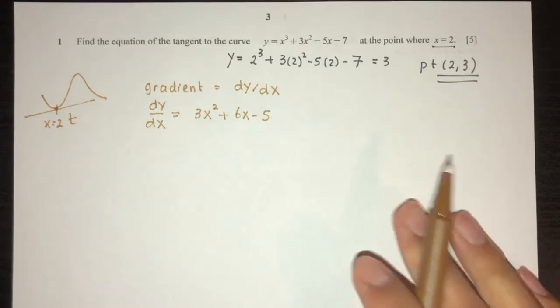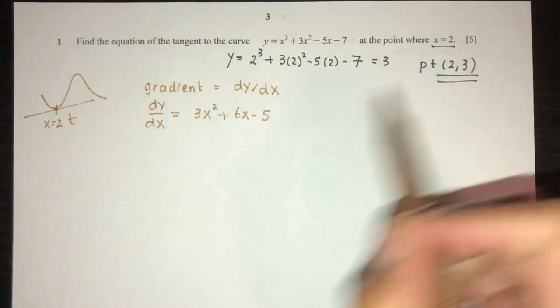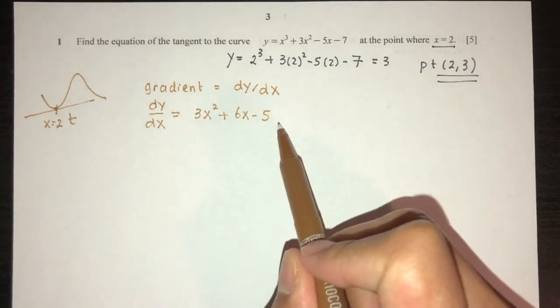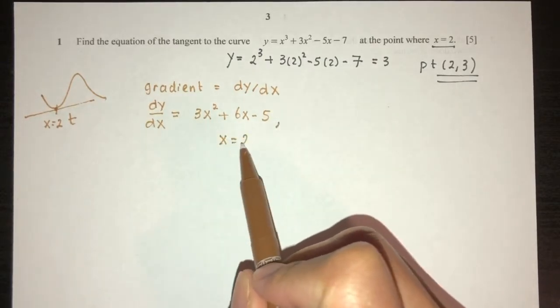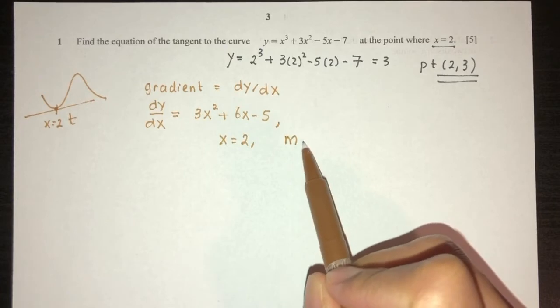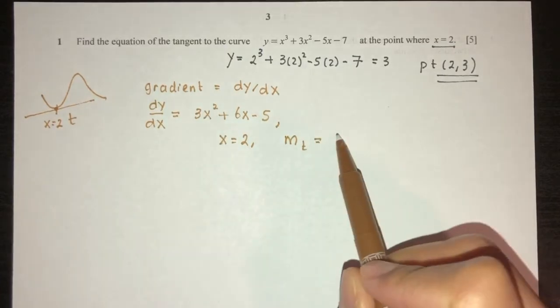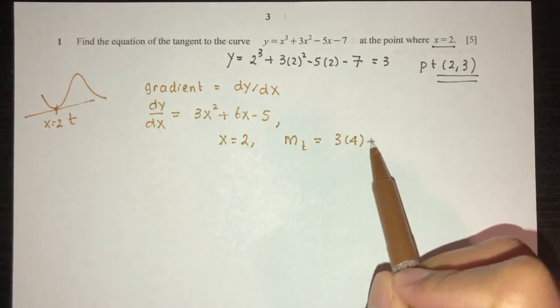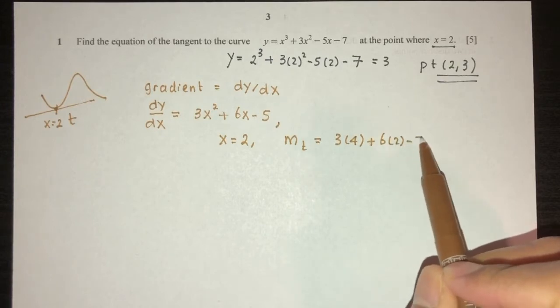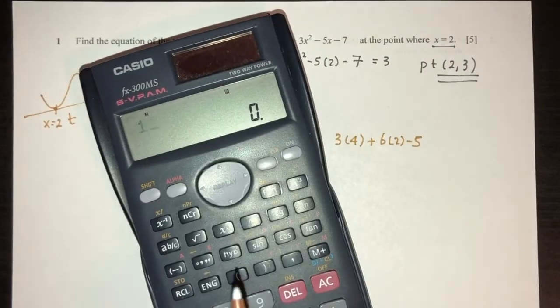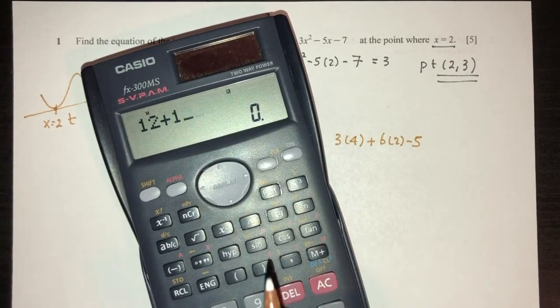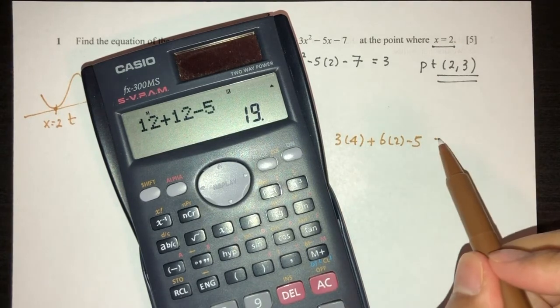And we have to replace the value of x here, which is 2. What do you have? Gradient of tangent will be 3 times 4 plus 6 times 2 minus 5. So 12 plus 12 minus 5, that will be 19.